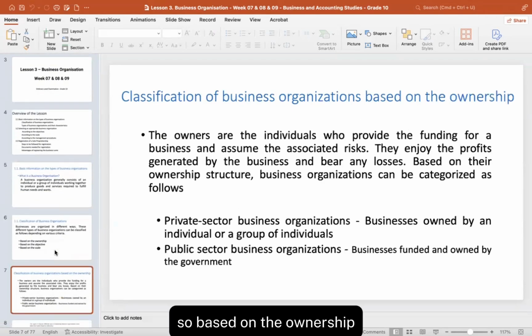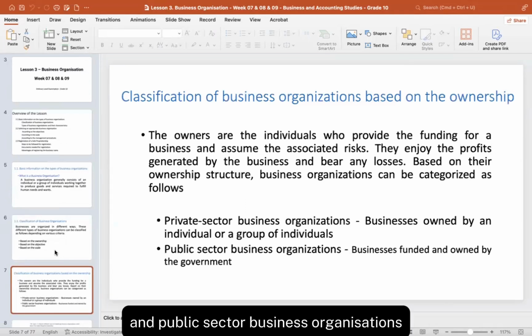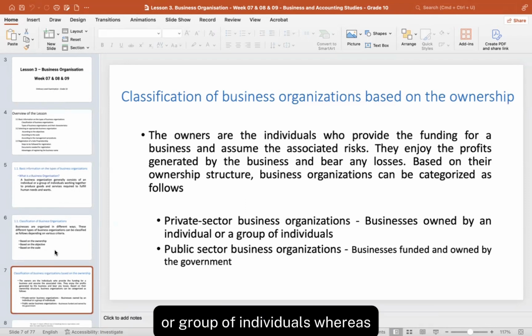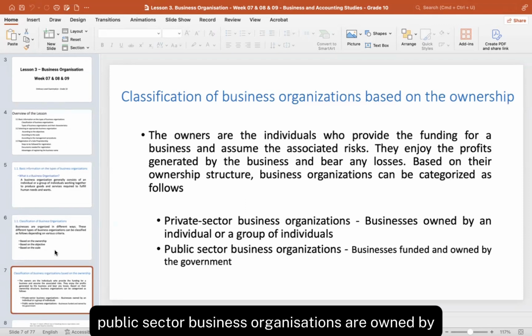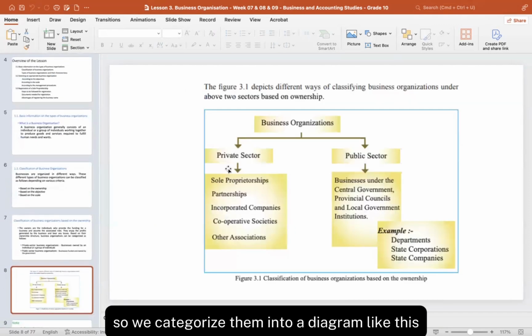Based on the ownership, we have mainly private sector business organizations and public sector business organizations. Private sector organizations are owned by individuals or a group of individuals, whereas public sector business organizations are owned by the government. So we categorize them into a diagram like this.